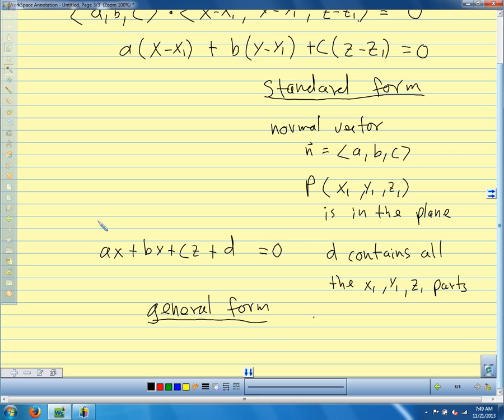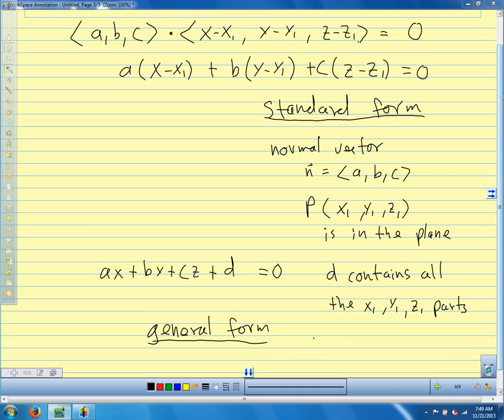Note from the general form, our normal vector comes from the coefficients on x, y, and z. So no matter what form our equation is written in, we can pick out our normal vector very easily. This gives us a nice, clean way to represent and work with planes in space. We use a normal vector and a point on the plane.